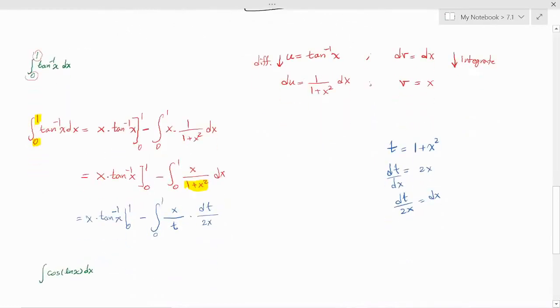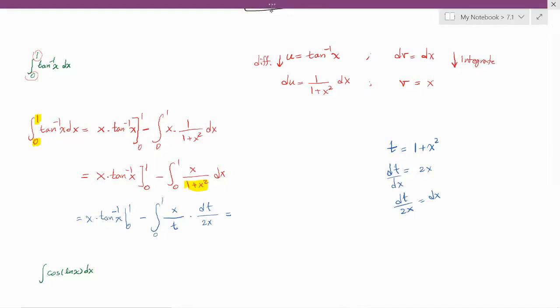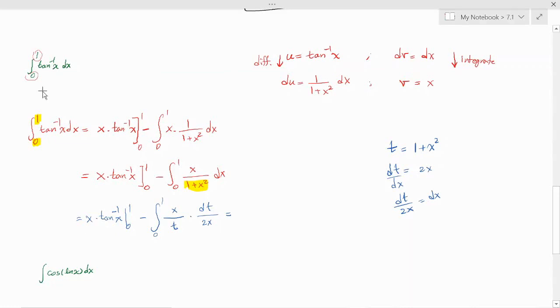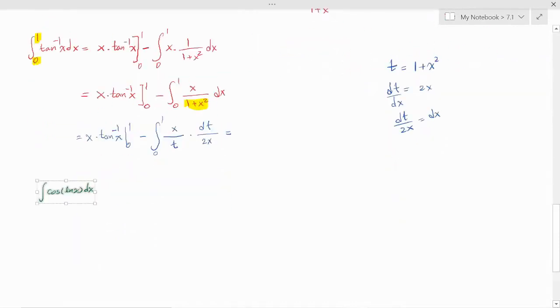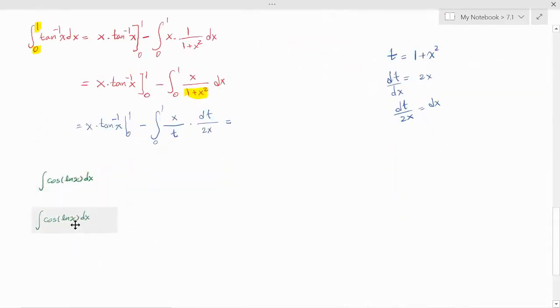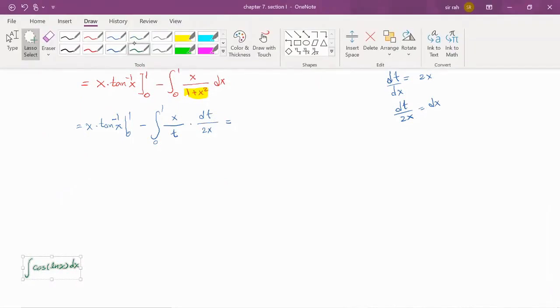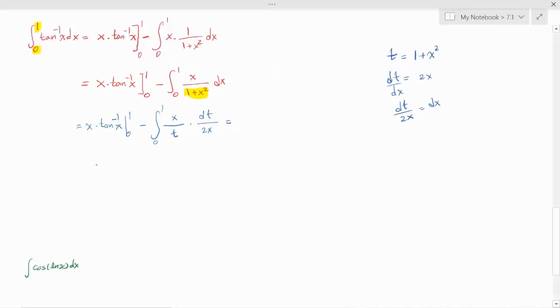Okay, let's continue. I should create more space here. Push this a bit down. Move this down. Okay. So these x's will cancel out. You notice now we have only one variable, and that is t.